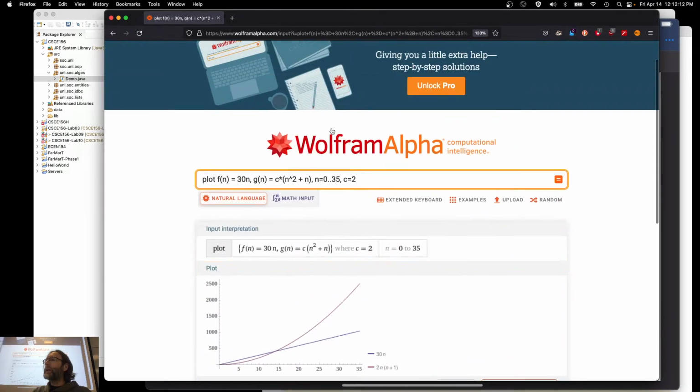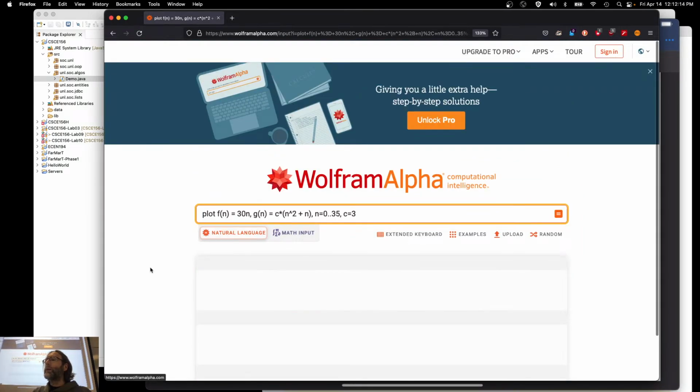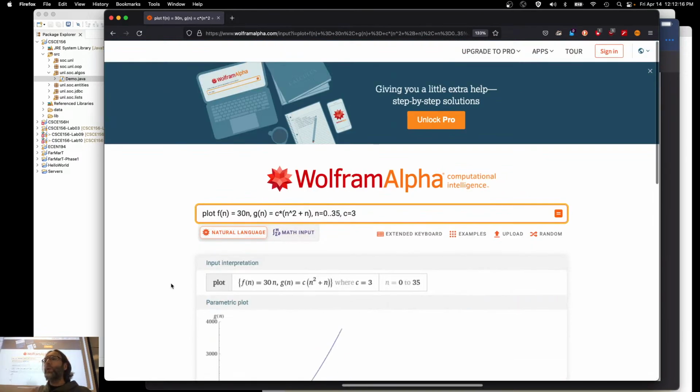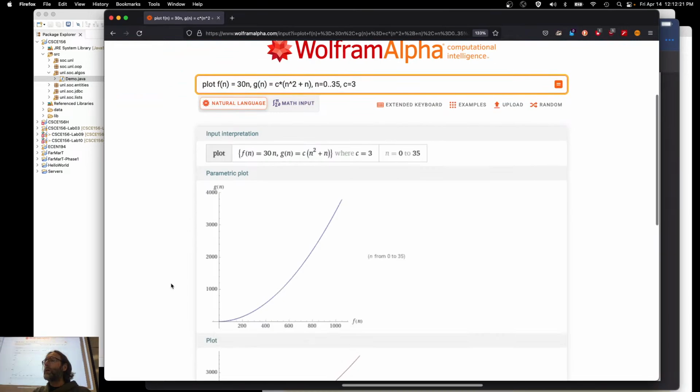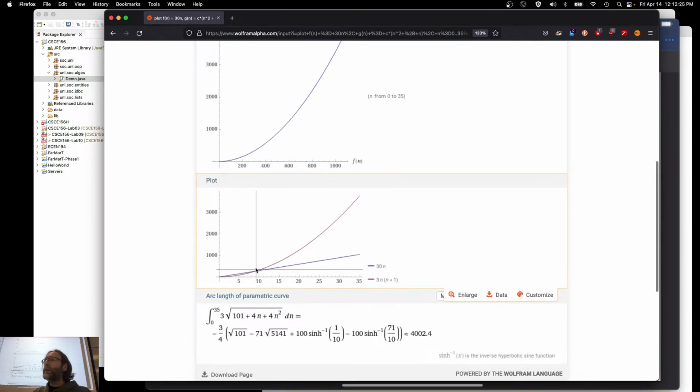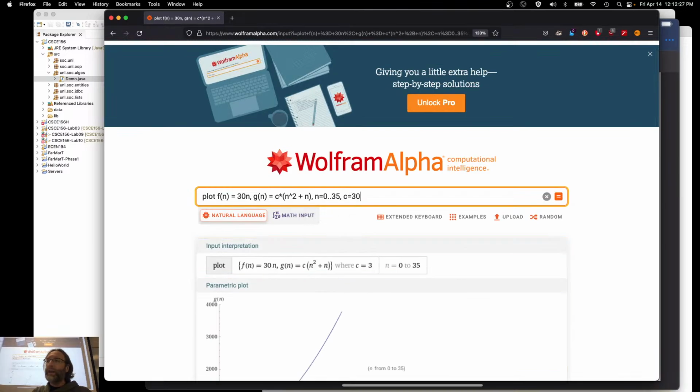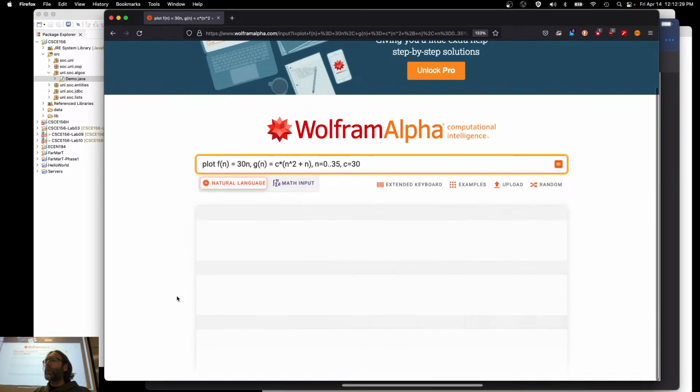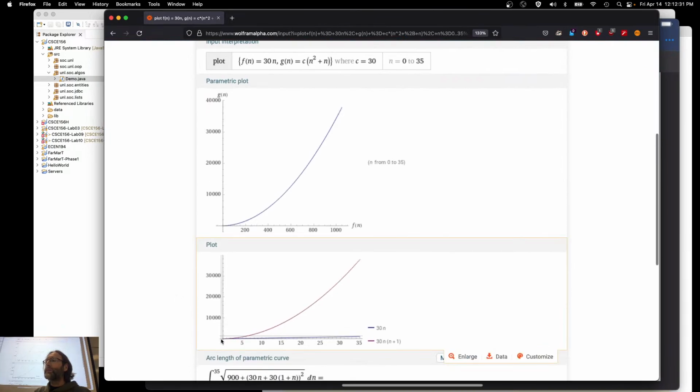Right? What if I keep going? What if c is 3? I've steepened it even further. But have I changed the rate of growth by multiplying by a constant? No. Now the crossover point is way down here. Keep doing that until you get to some value, like say 30, where the crossover point now becomes 0 itself. Right?